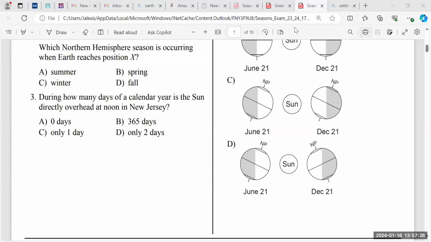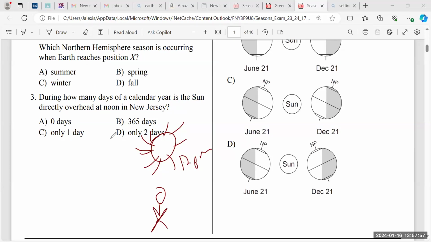All right, number 3. Number 3 says, during how many days of a calendar year is the sun directly overhead at noon in New Jersey? All right. So they're asking for, if you're located in New Jersey, how many days of the year will the sun be directly over your head at 12 p.m., at solar noon.